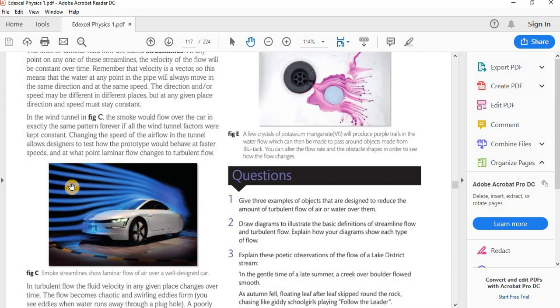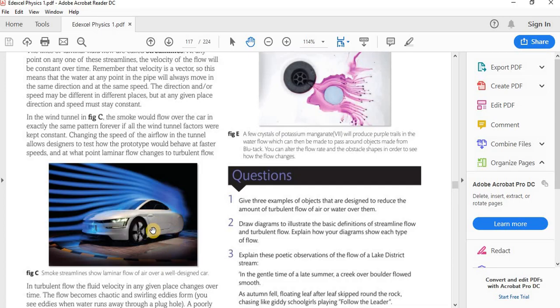Okay, so what happens is they are sending this air and then finding at which speed it changes from streamline flow to turbulent flow. If they can achieve that change from streamline flow to turbulent flow at a higher speed, then this car will use less fuel, less petrol, less diesel, less gas. Okay, and that's what they are checking.